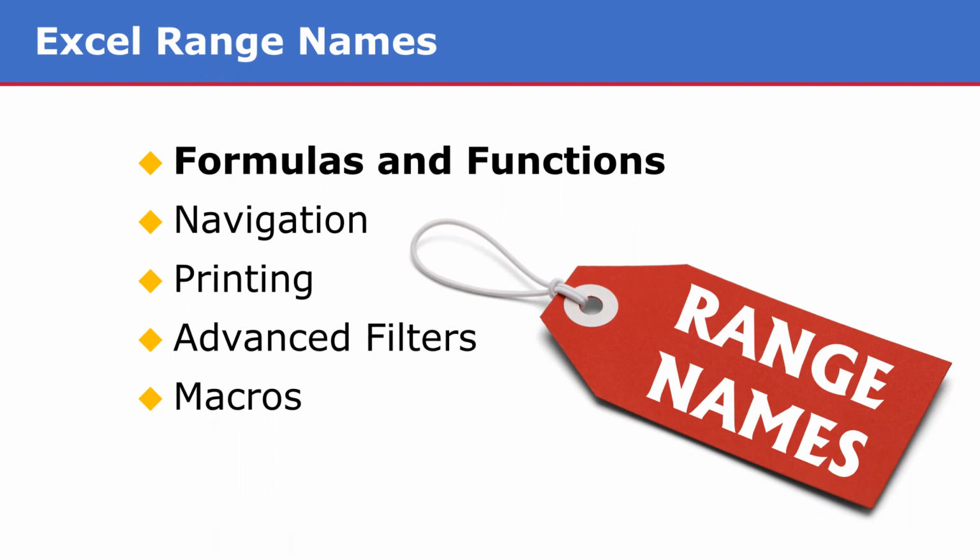You don't need to remember what can seem like archaic range names like A5 through M1026, things like that. And so these also have a use within navigation, printing, and even more advanced areas such as macros. But we'll focus on how range names can be helpful for us.